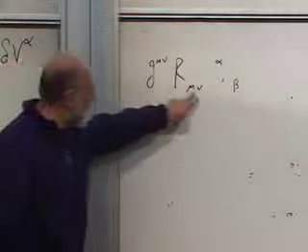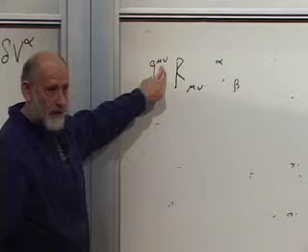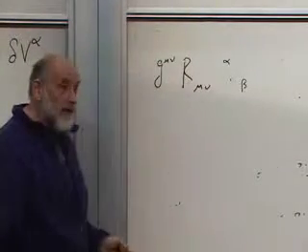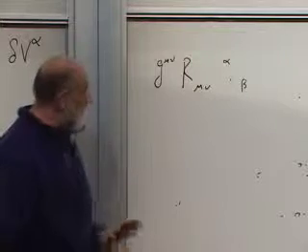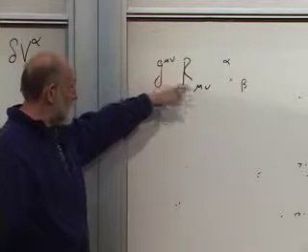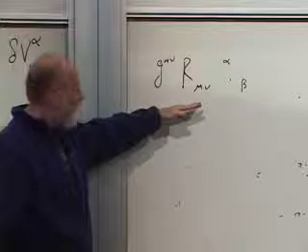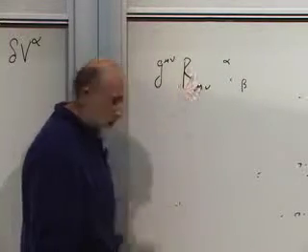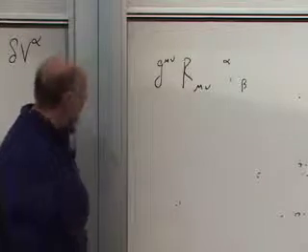Because R is antisymmetric and g is symmetric. Whenever you take a symmetric matrix and contract it with an antisymmetric matrix, you'll always get 0. You'll get as many positive terms as negative terms, and so you'll always get 0. So you can't contract the mu and nu and get anything interesting.